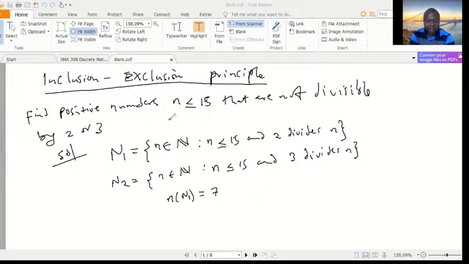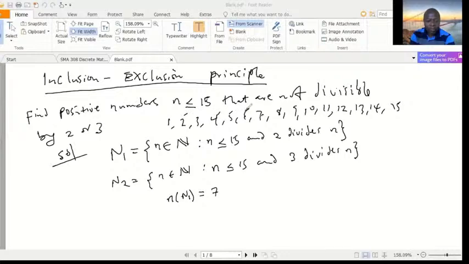In fact, you can try and see: 1, 2, 3, 4, 5, 6, 7, 8, 9, 10, 11, 12, 13, 14, 15. Count those which are divisible by 2: 1, 2, 3, 4, 5, 6, 7. So the number of elements divisible by 2 is 7.